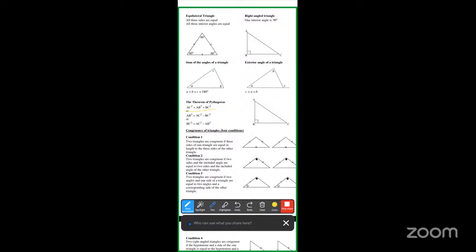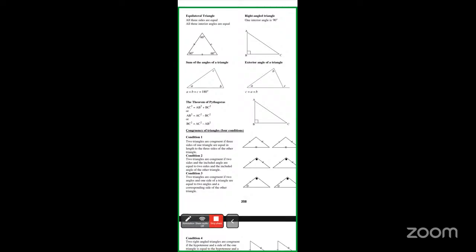AC is that hypotenuse that we talked about. The square of the hypotenuse will always be the subject of the formula. That will always be equal to the sum of the squares of the rest of the sides, which is this one and this one. I hope it makes sense. You'll just shout out if you don't understand.